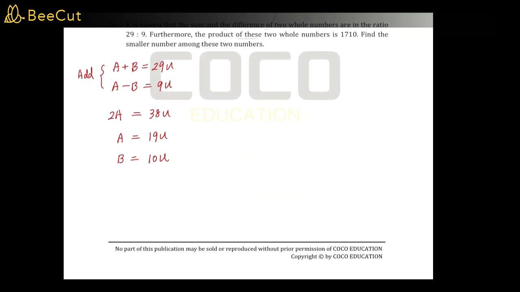The product of them is 1710, so 19U times 10U equals 1710. Right, this is 190U squared equals 1710. So dividing by 190, we get that U squared equals 9.